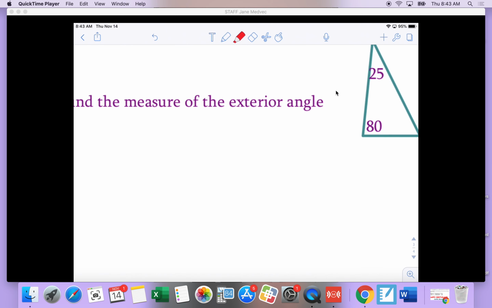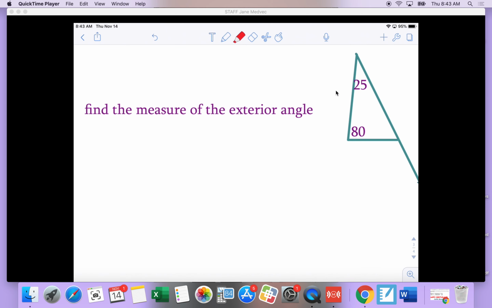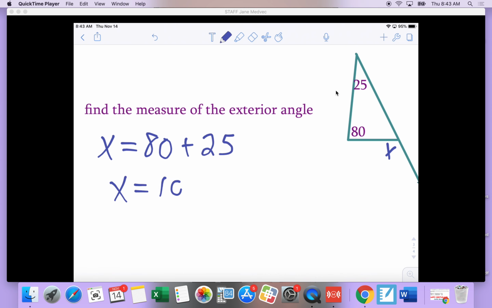So let's take a look at this one. It says find the measure of the exterior angle. Let's label this x, that exterior angle. So x is going to equal 80 plus 25. So x gives me 105 degrees. Go to the next one.